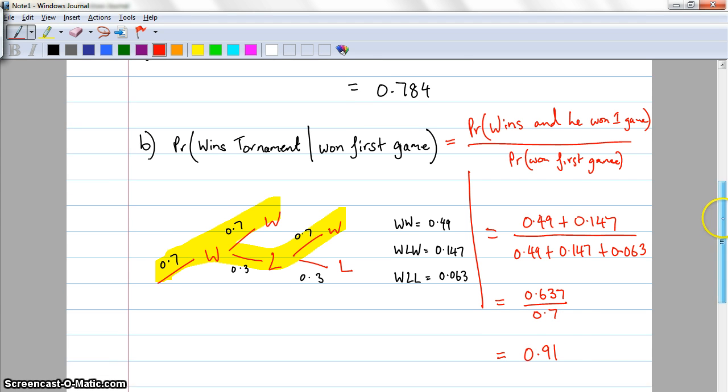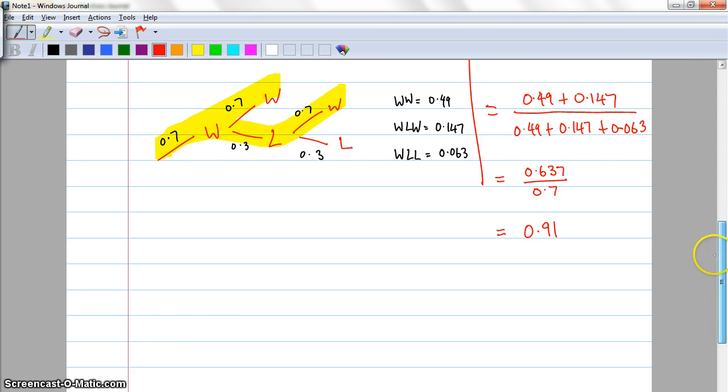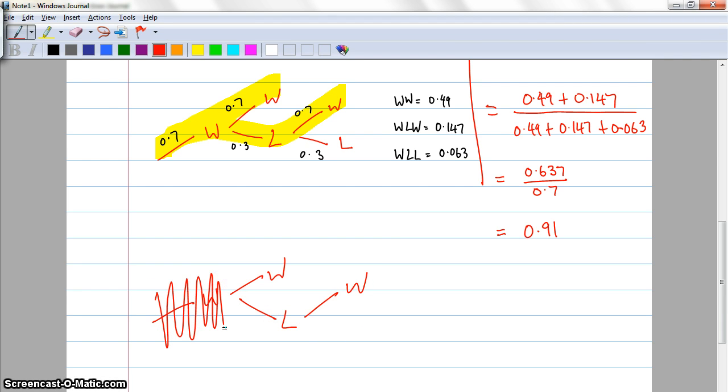Now, a few other people were saying in class, and quite rightly they were correct, that you could just do, that he's already won the first one, so then what's the probability that he wins the tournament? Well, they were saying you could actually cross this out because you already know that, it doesn't matter anymore, it's a given.